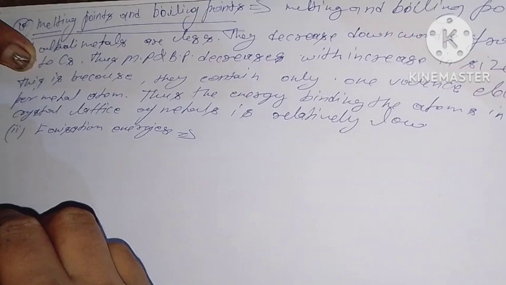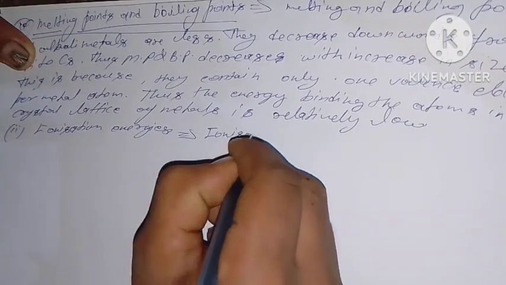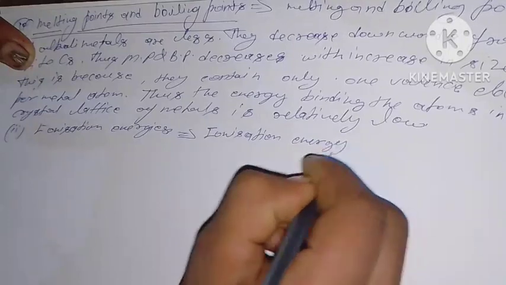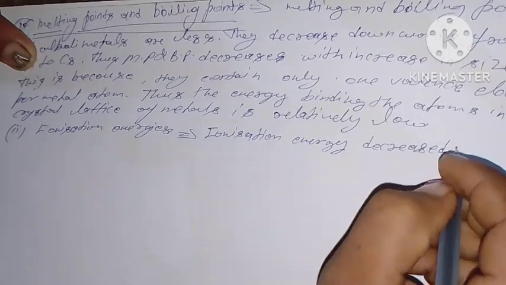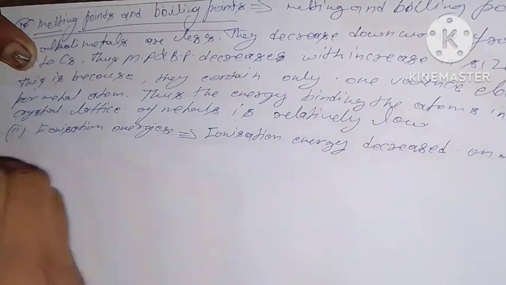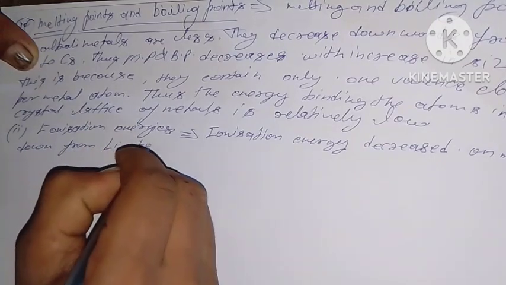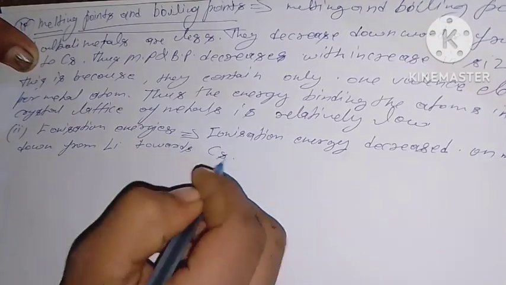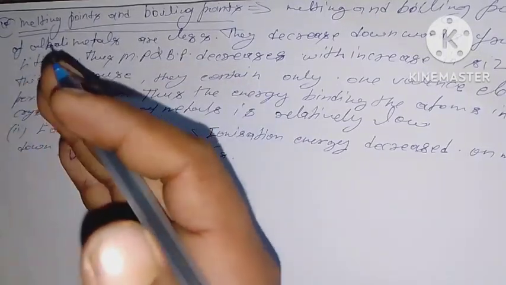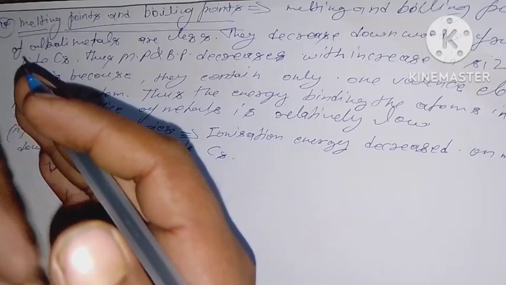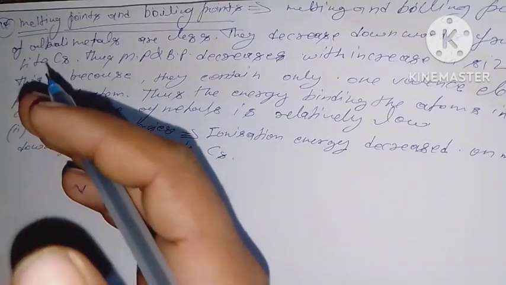Thus, ionization energy decreases moving down from lithium to cesium.